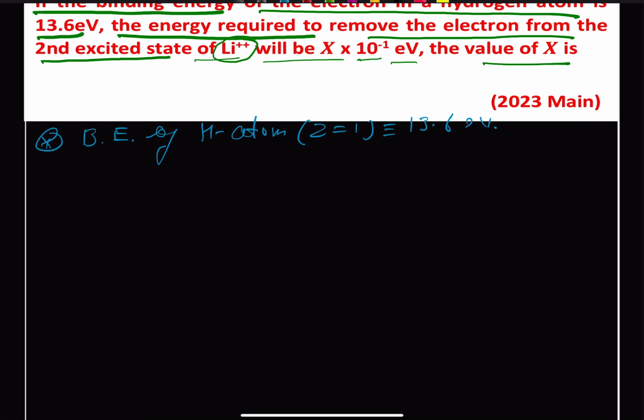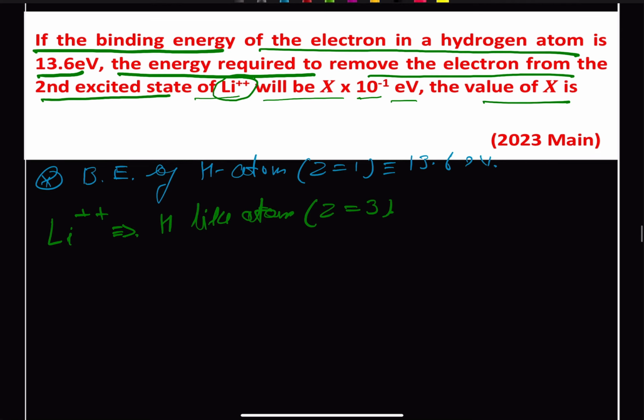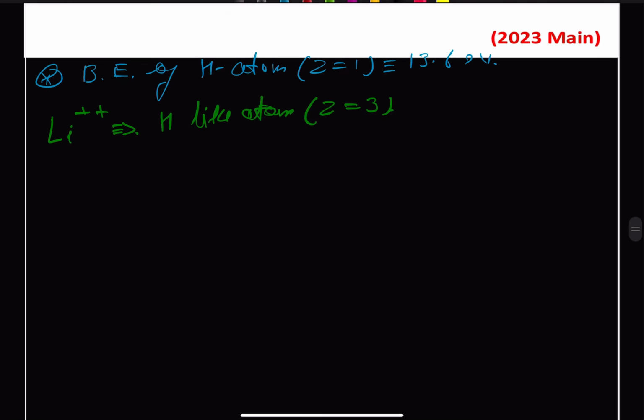And we have lithium 2 positive, which is our hydrogen like atom, but the value of Z is equal to 3. It states the electron from the second excited state.